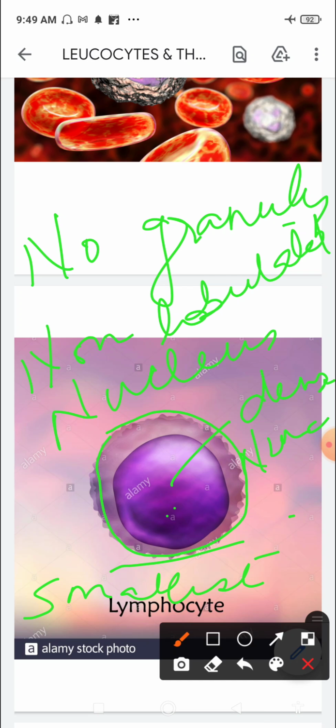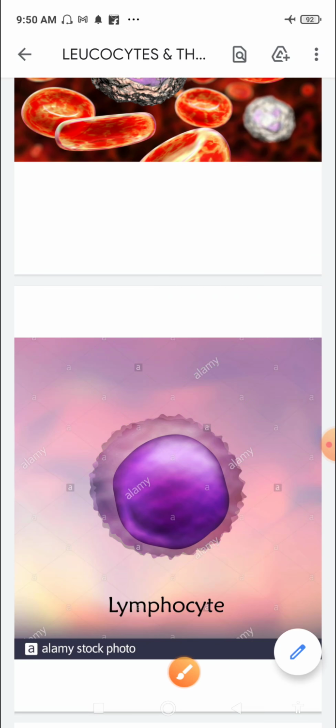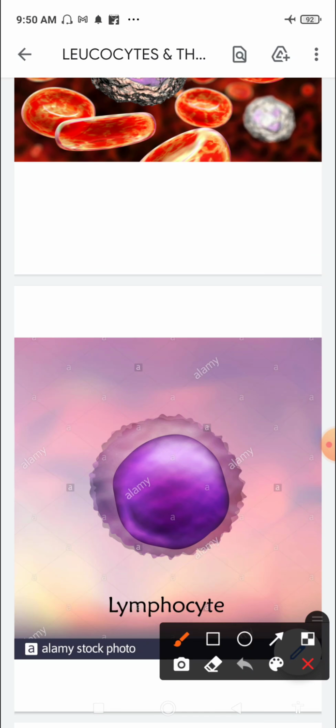They are the second most common leukocyte. First is the neutrophils, most common. Second most common are the lymphocytes. They circulate in the blood and make up around 20 to 25% of the WBC count, right. There are actually two types of lymphocytes, T lymphocytes and B lymphocytes.